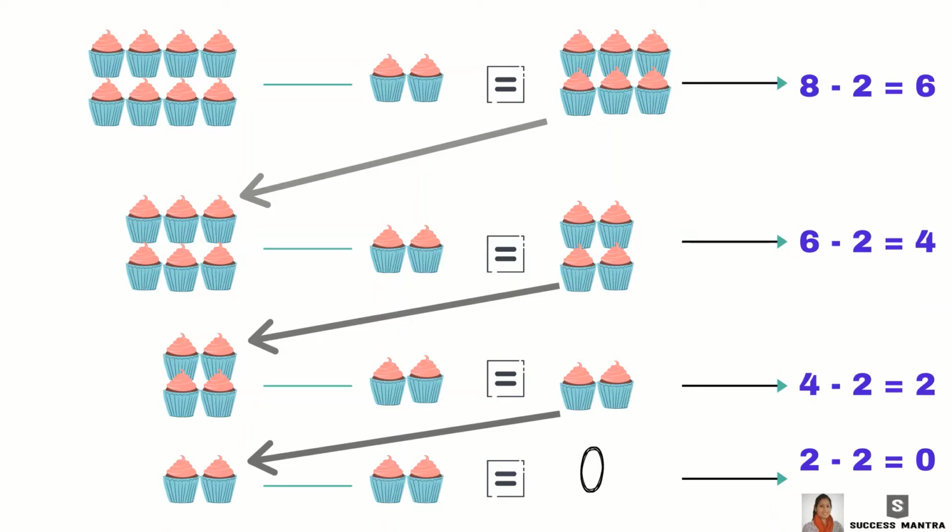So in this case we can see that she has a total of 8 cupcakes. First she will give 2 to the first friend, then she has a remaining of 6 because 8 minus 2 is 6. Then from the 6 she will give 2 to the second friend. So she will get a balance of 6 minus 2, that is 4. Then from the 4 she will give 2 to another friend.